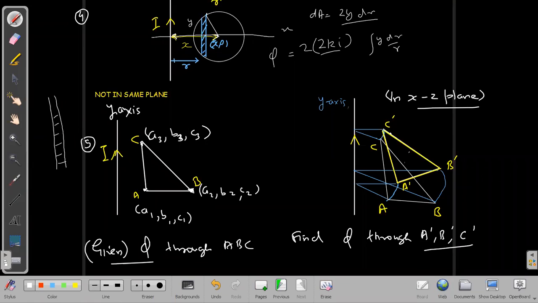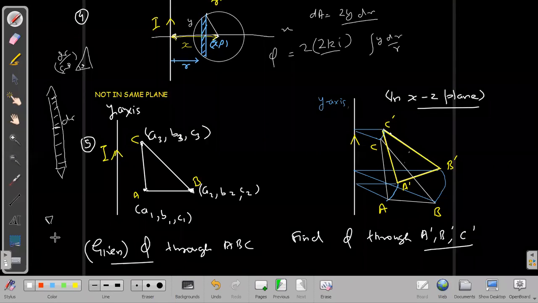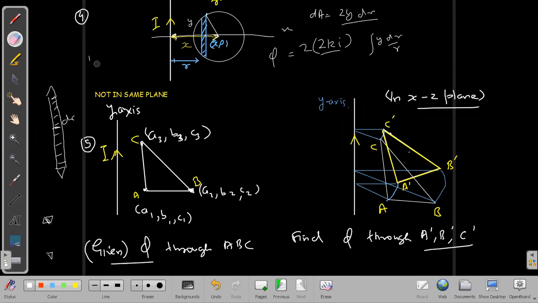If you take this dr width, and on the other hand, if you take, let's say this angle is theta here, dr by sine theta width, then you are making a lot of difference. But if you are taking dr width and ignoring the small triangle parts at the edges, what difference will you make? Negligible difference. Yes, sir. We should take dr only, not dr by sine theta.